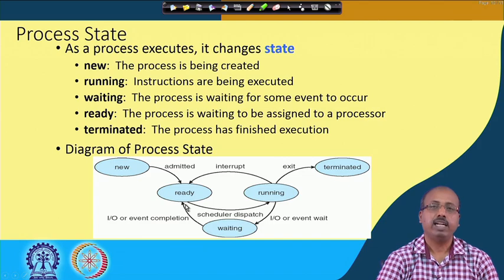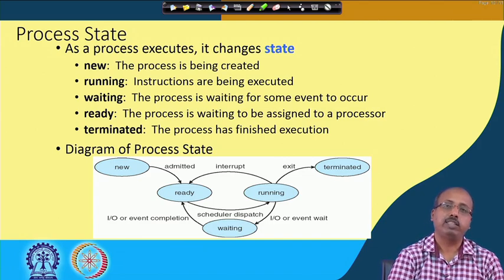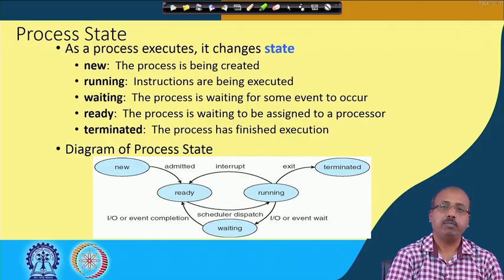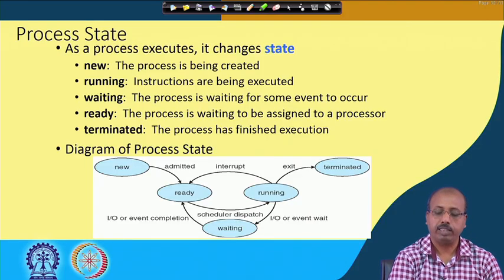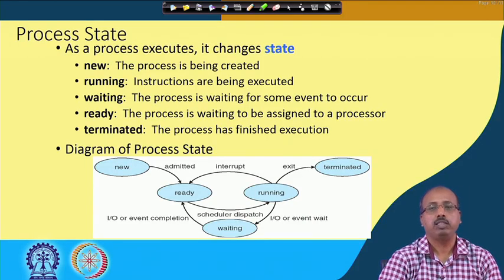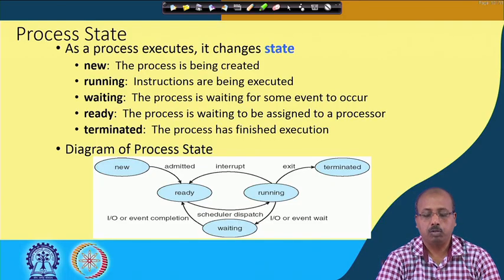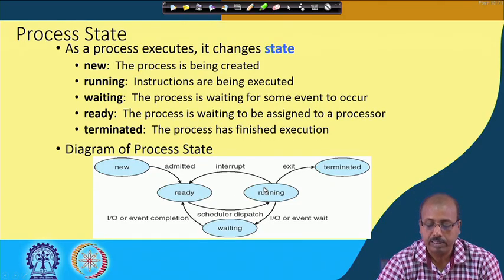Another possibility is that when a process is executing, it is given some small time quantum, and after some time that time quantum expires. When the time quantum expires, the processor has to be given to the next process in the queue. So the process which was executing has to be taken back to the ready state and the next process should get a chance.